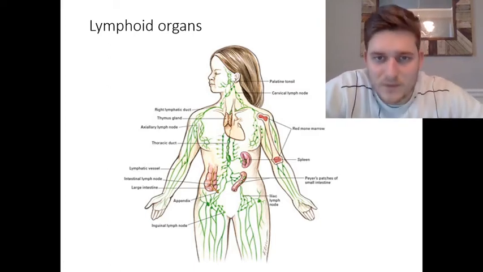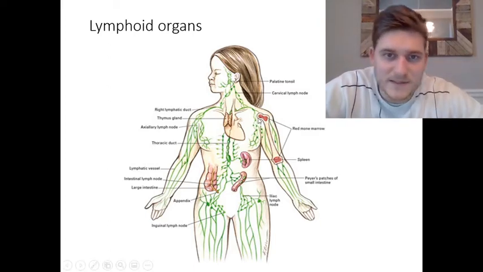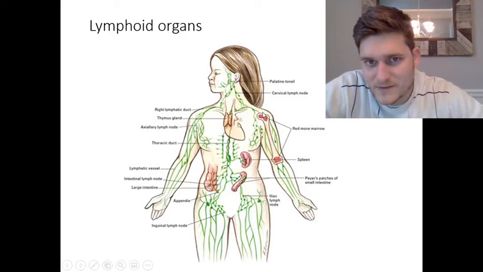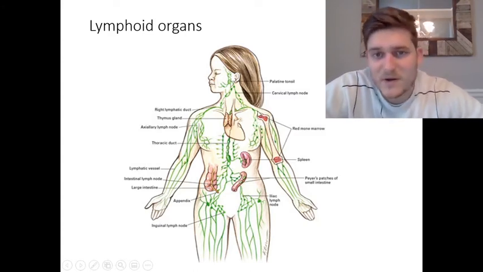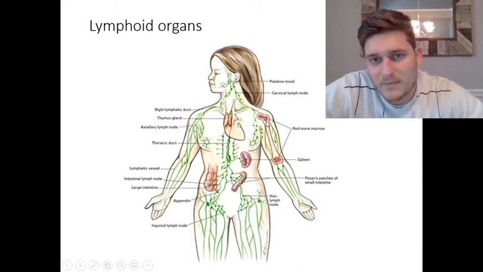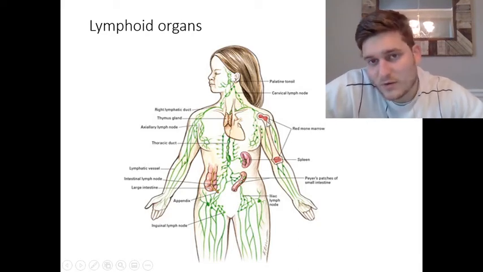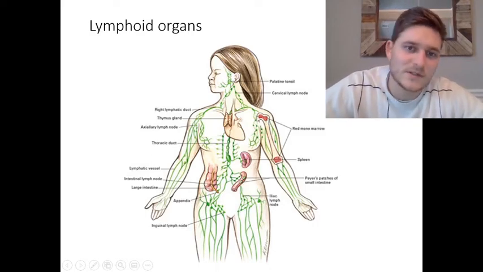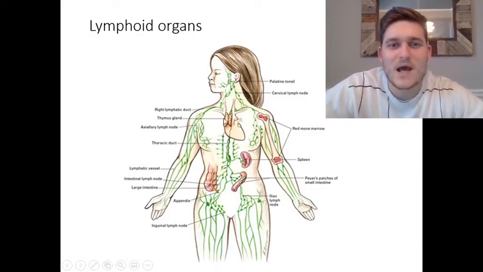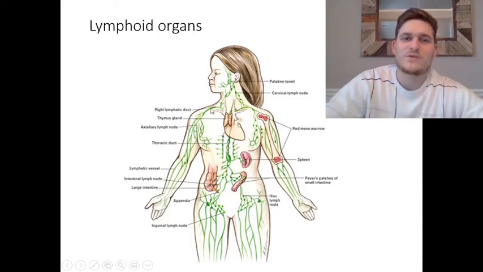And so these are where B cells and T cells and all these different cells are going to be generated. And within this bone marrow, we then have B cells, which are already mature, but then we have T cells, which are not mature. And so these are going to be transported to the thymus, where that maturation does occur.